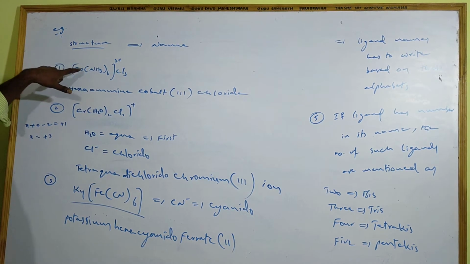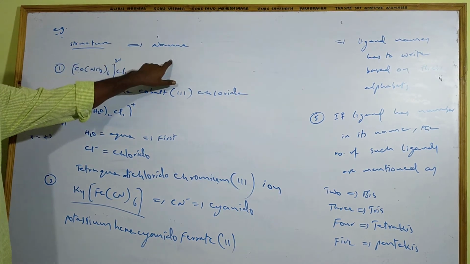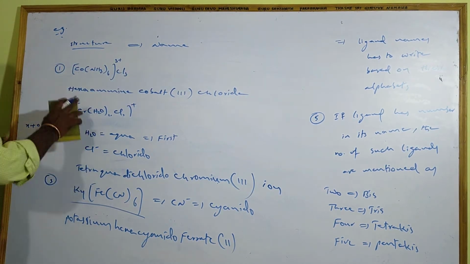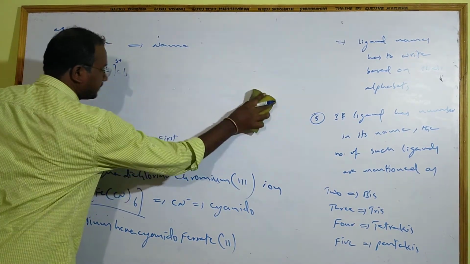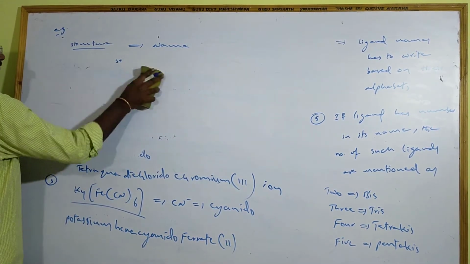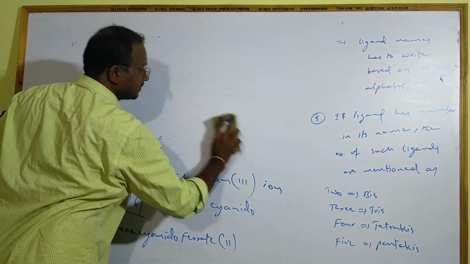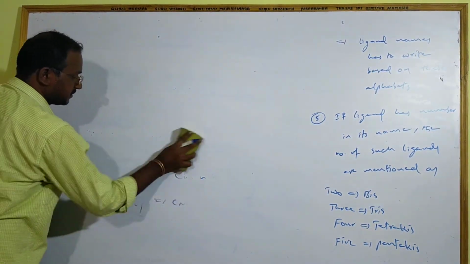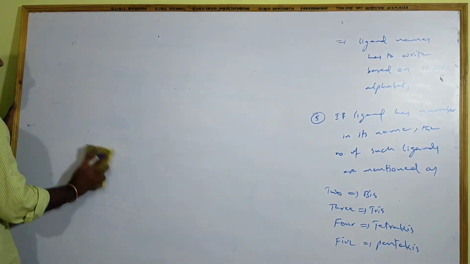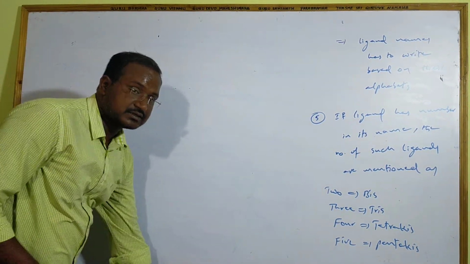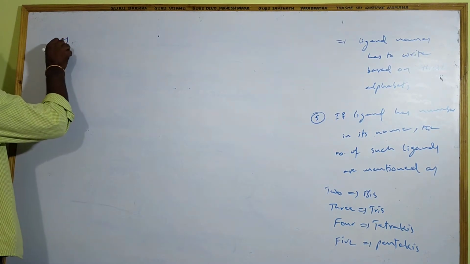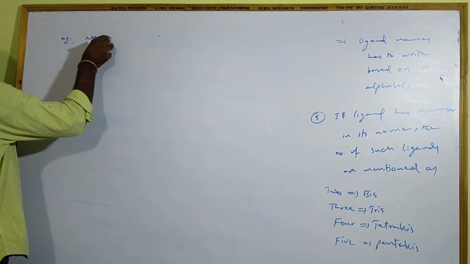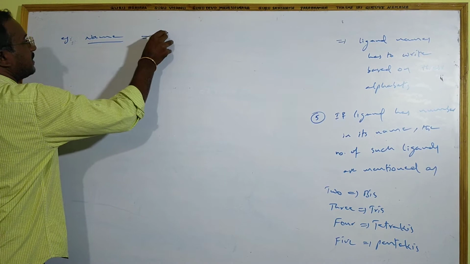So like this, you have to write. Here structures were given and we wrote names. Then, if names are given, how to write the structure? Next type of examples: they will mention the name and we have to write the structure.